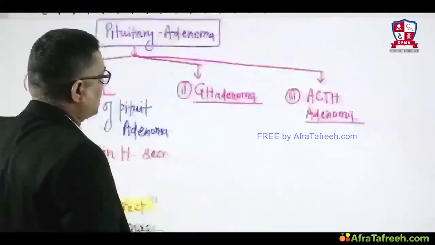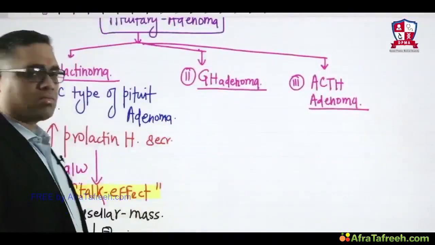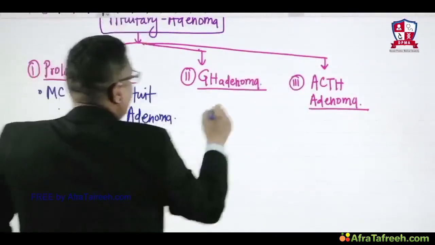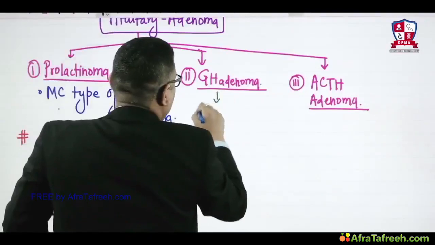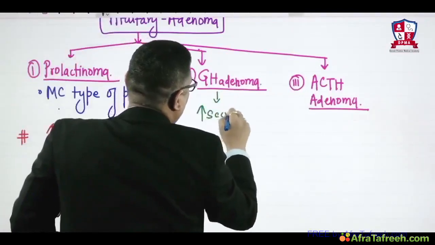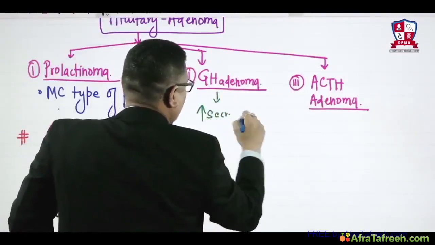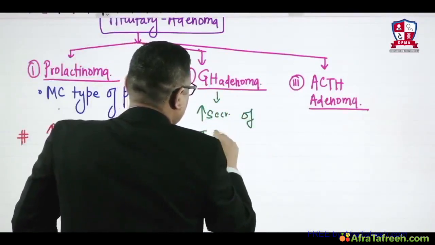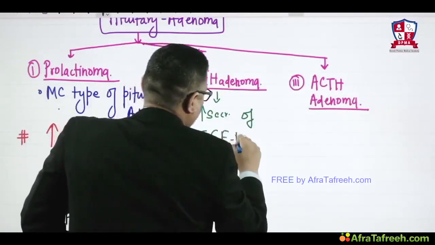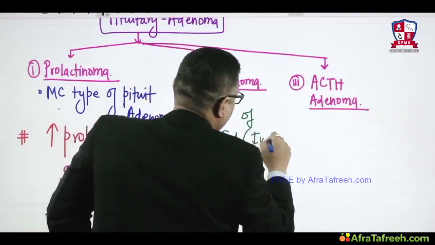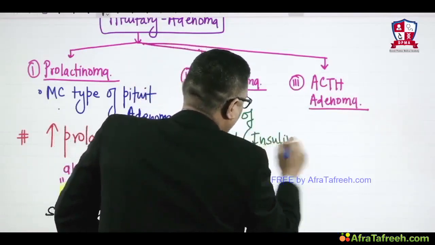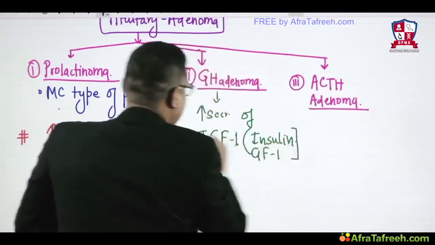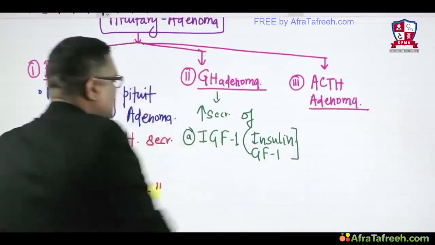Now we will see about GH adenoma, growth hormone adenoma. In this type of pituitary adenoma, there will be increased secretion of growth hormone. Which hormones? Number 1 is insulin-like growth factor 1, IGF-1.